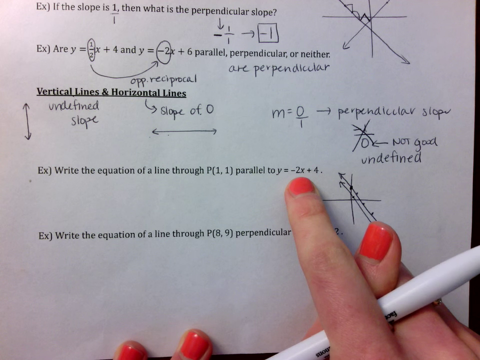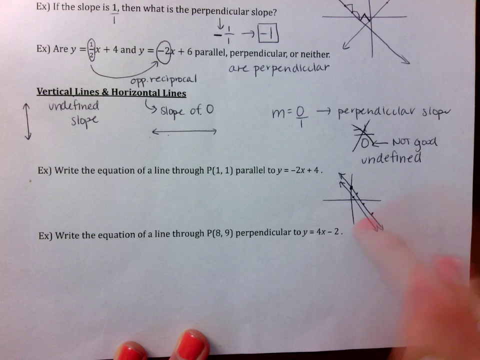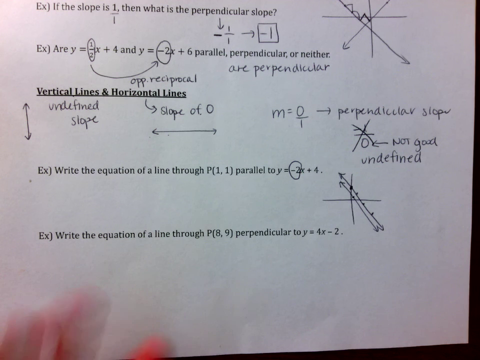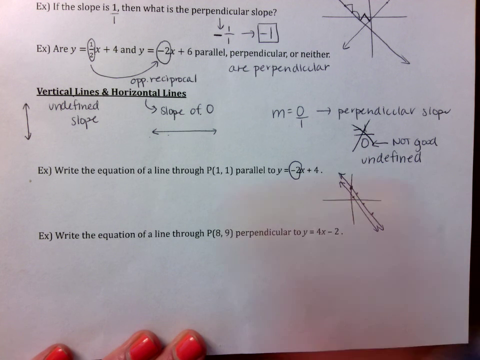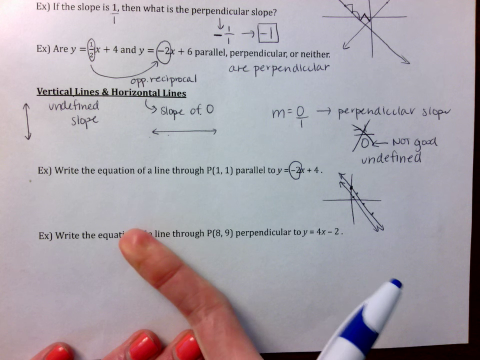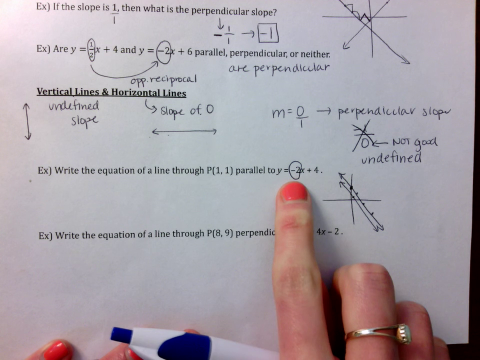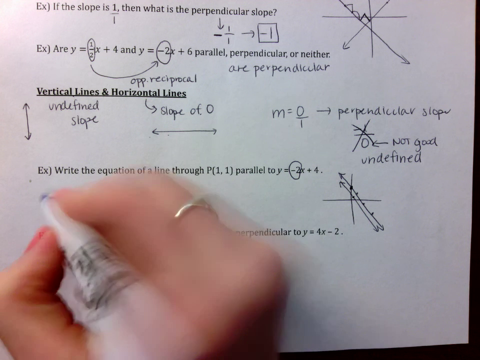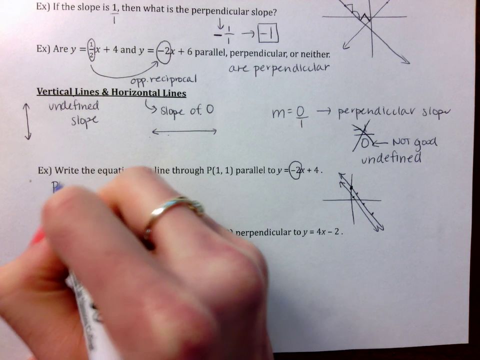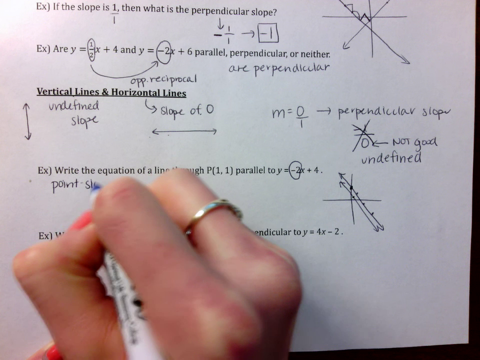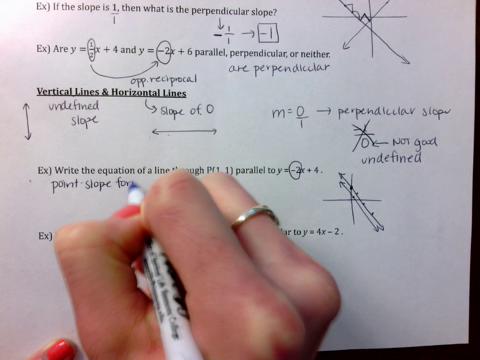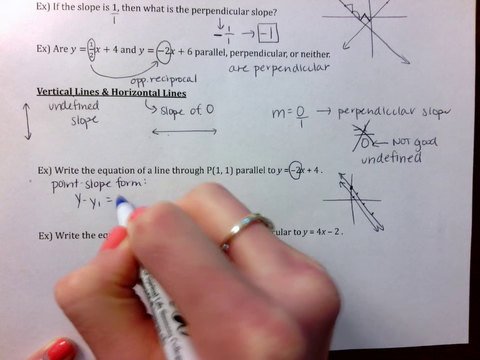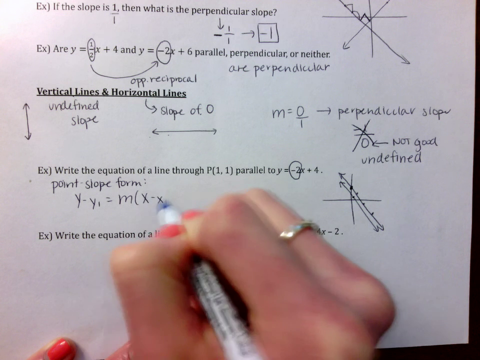So if it's parallel, we know that these two lines will have the same slope of negative 2. If you remember back from the previous video, which was writing equations of lines, if we know the slope and we're given a point, we can write an equation in point-slope form, which if you remember is y minus y1 equals m(x minus x1).